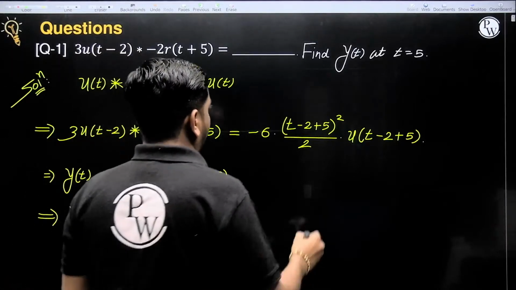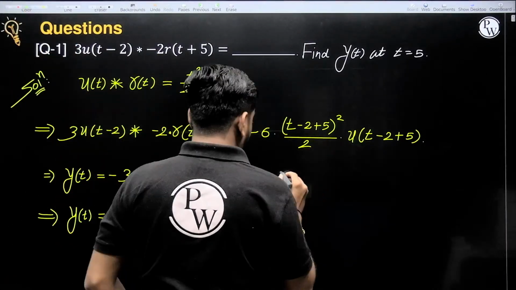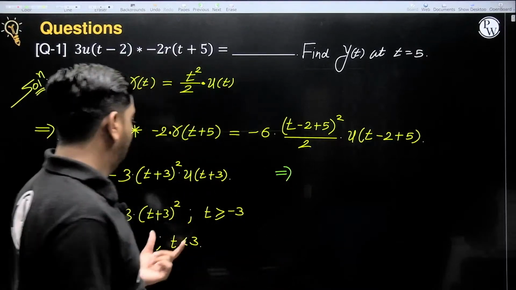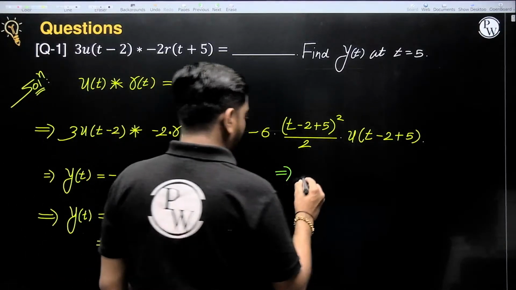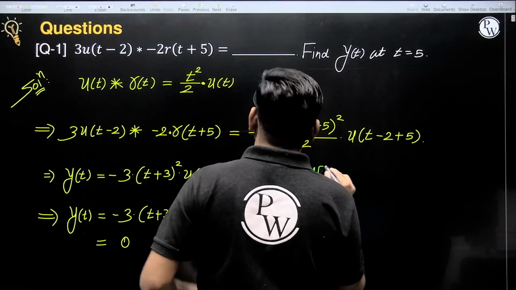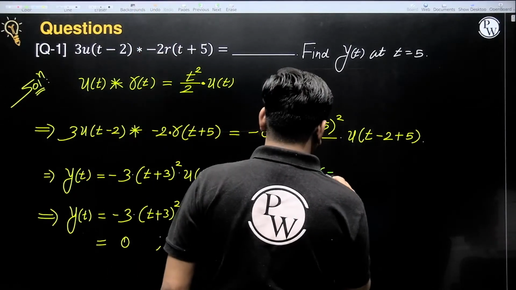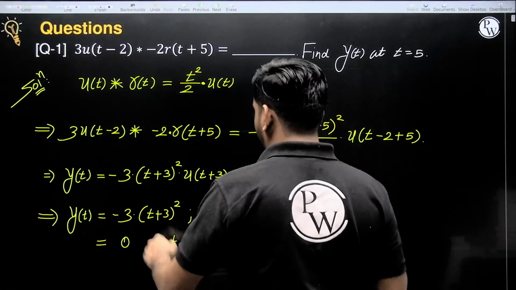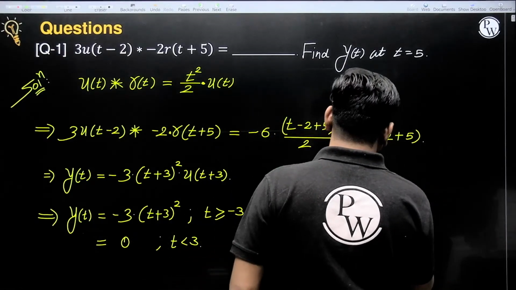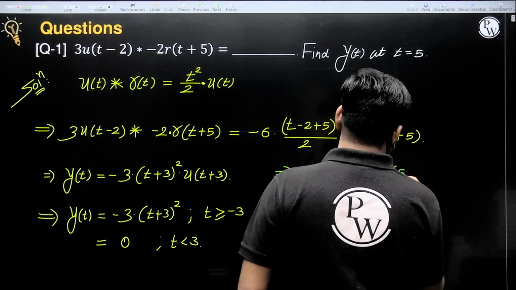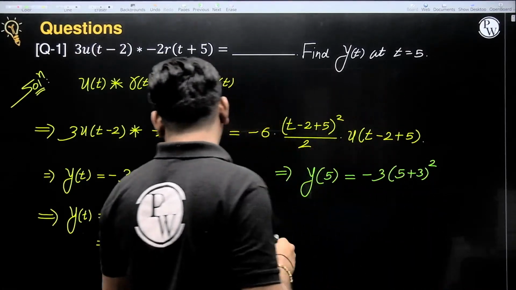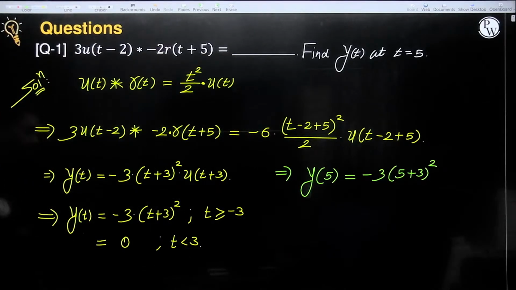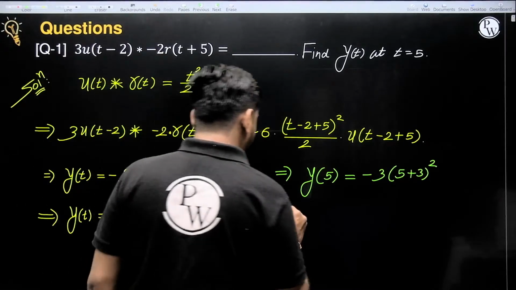So for t greater than or equal to minus 3, this equation I have to use. So for t equal to 5, y of 5 is nothing but what? Put t equal to 5 here. So minus 3 and here 5 plus 3 square, correct? 5 plus 3 square guys. So it is 8 square into minus 3.